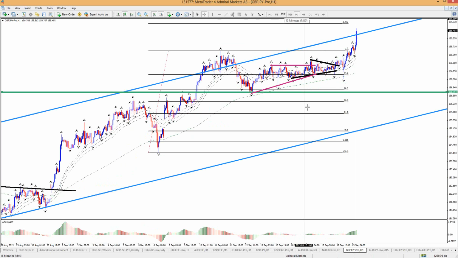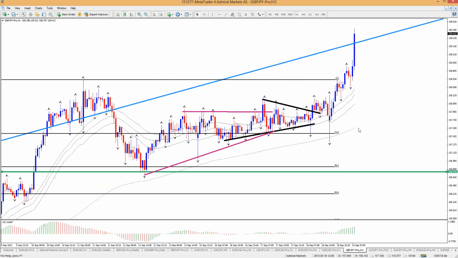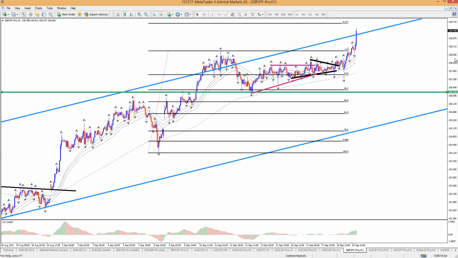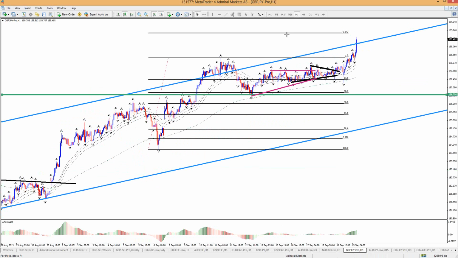If we then zoom back to the 1 hour chart, just to get that context again, a most likely spot where it could stop is 159.70, I would say.